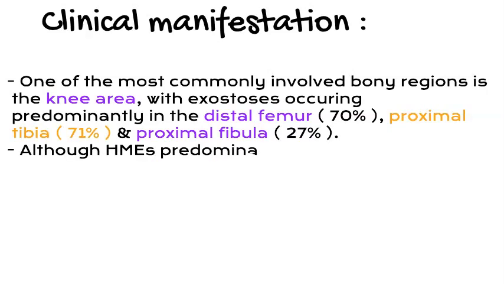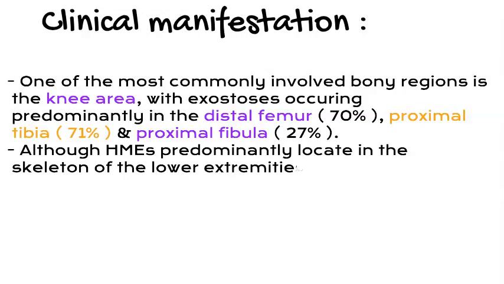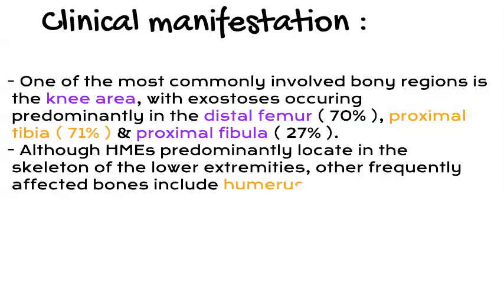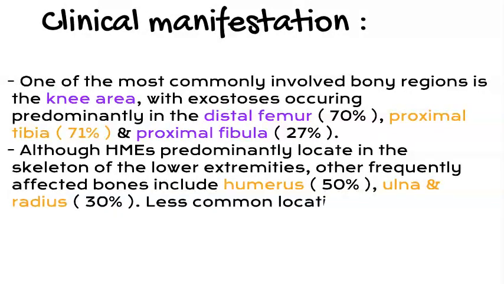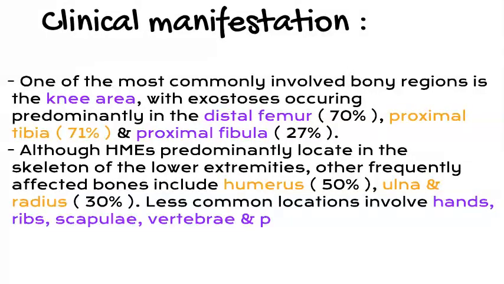Although HMEs predominantly locate in the skeleton of the lower extremities, other frequently affected bones include the humerus 50%, and ulna and radius 30%. Less common locations involve the hands, the ribs, the scapula, vertebrae, and pelvis.